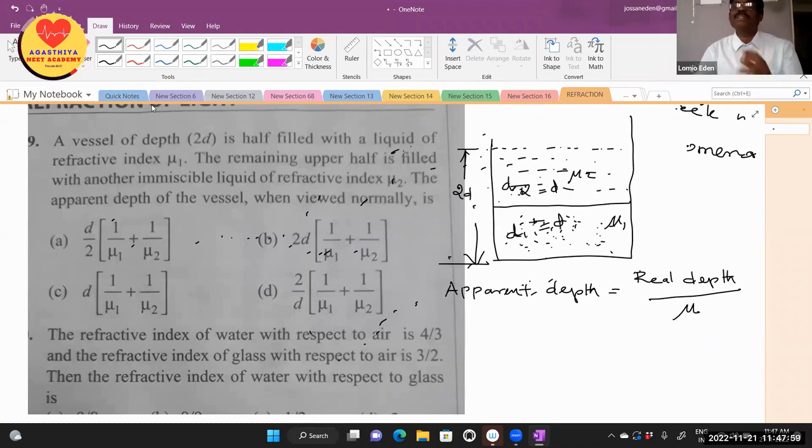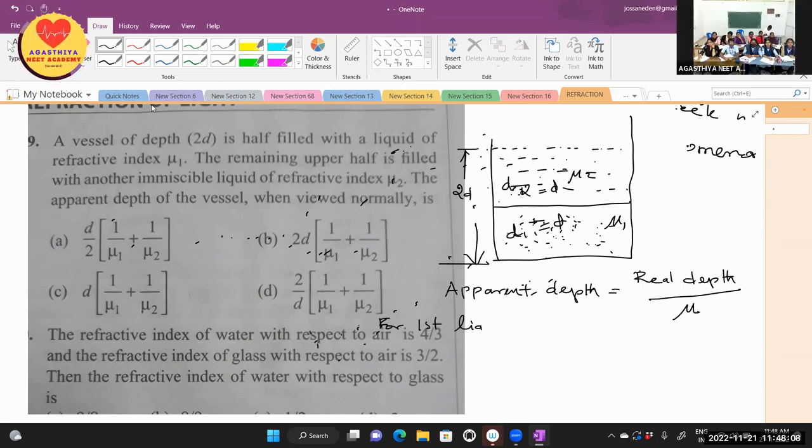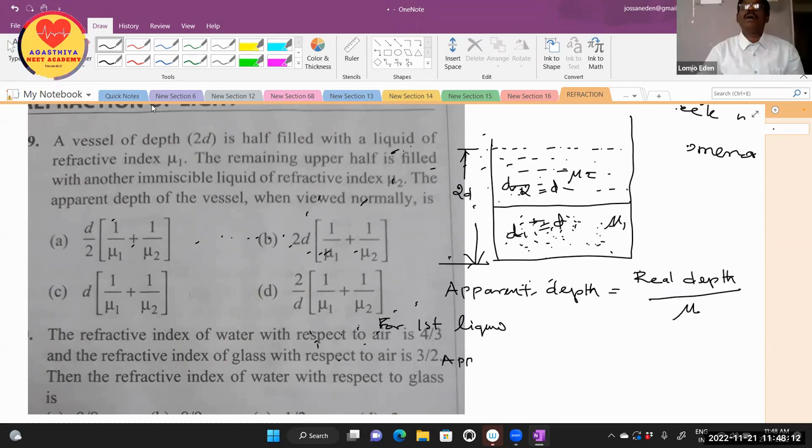Now, apply the formula for the lower liquid, that is the first liquid. For the first liquid, apparent depth formula is real depth, real depth is D, refractive index mu1, so D divided by mu1.